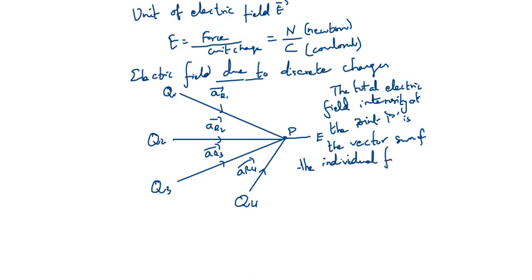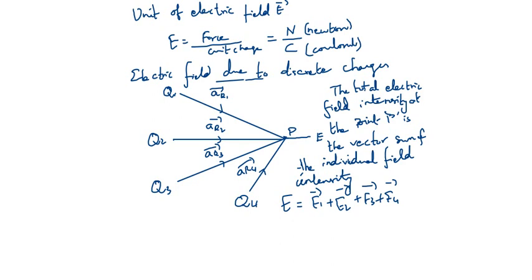That is, E is equal to E1 vector, the electric field due to Q1, plus E2 vector plus E3 vector plus E4 vector. Since we considered only 4, up to 4 is enough. If you have more charges, it will extend up to plus En vector.